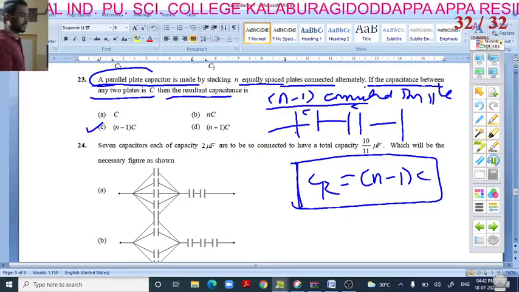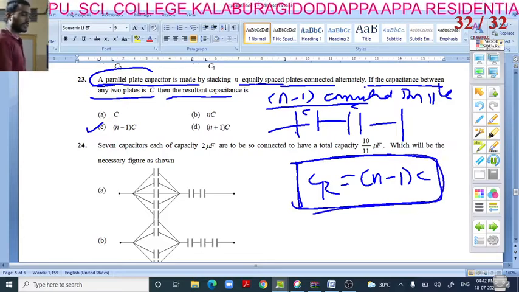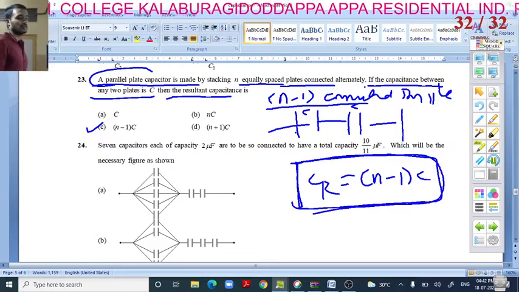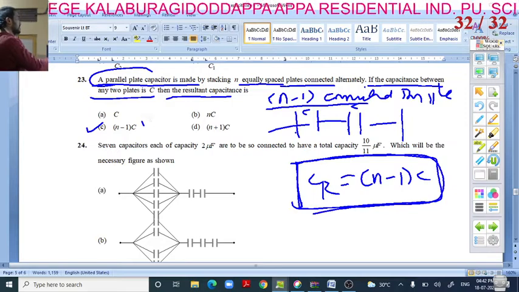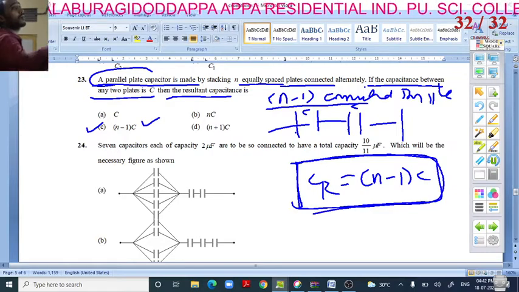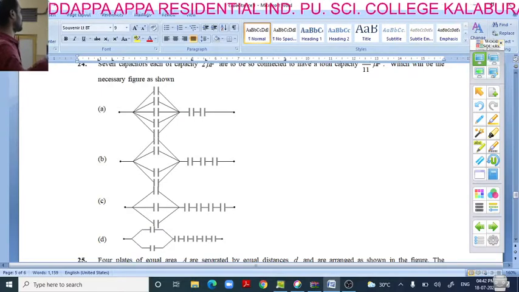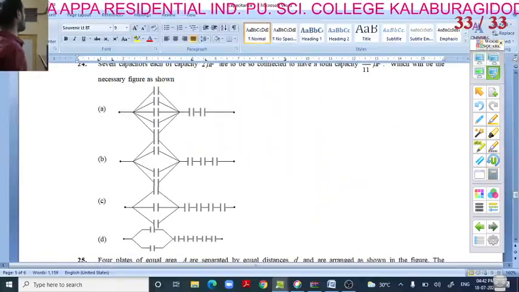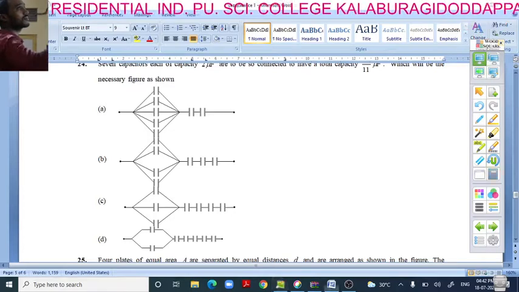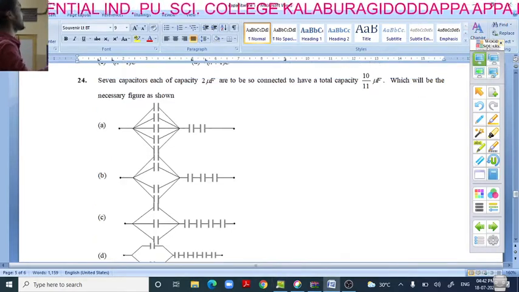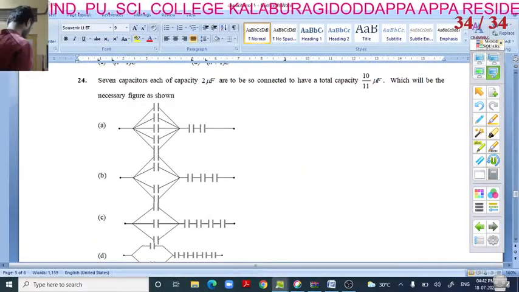So the resultant capacity is n minus 1 into C. I can write this, right? Okay. Next, just observe the figure here, and you will get the answer to the direct question. This is a direct question.